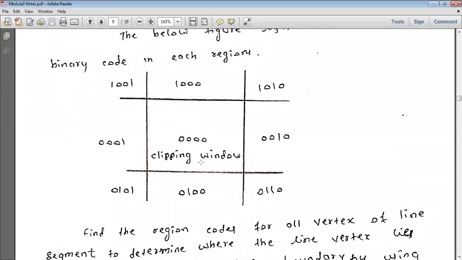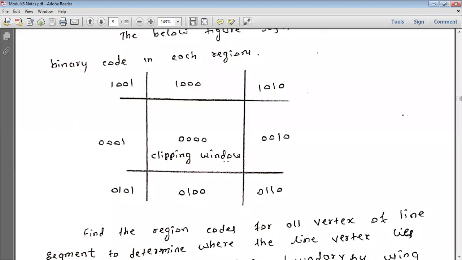If it is above the clipping window, the region code is 1000. That means the highest bit will be 1. If the line comes below the clipping window, the second bit will be 1.